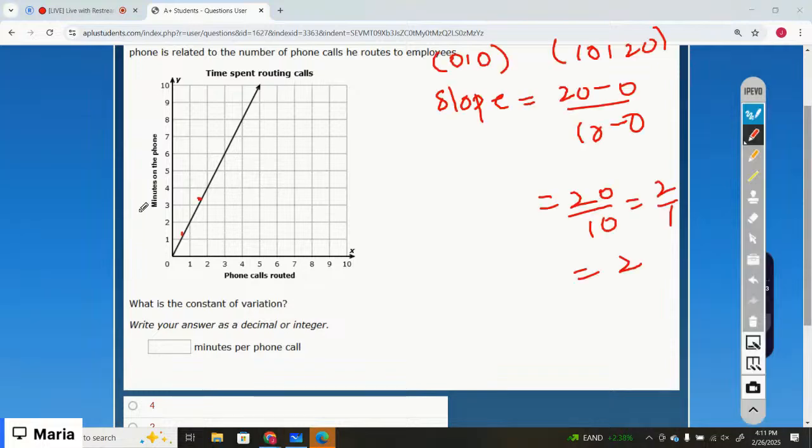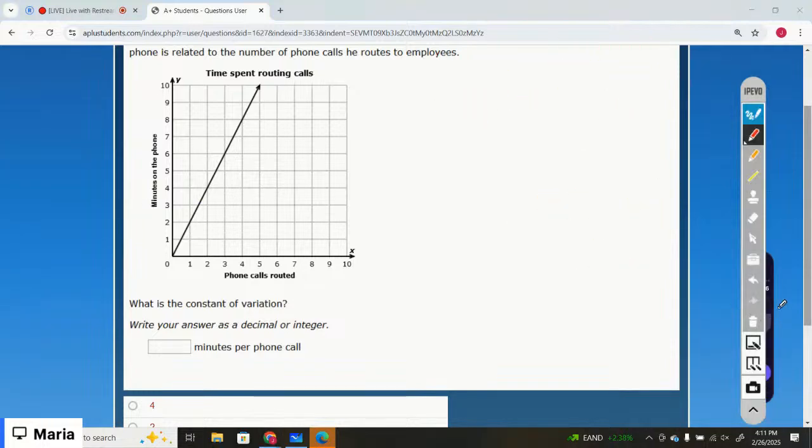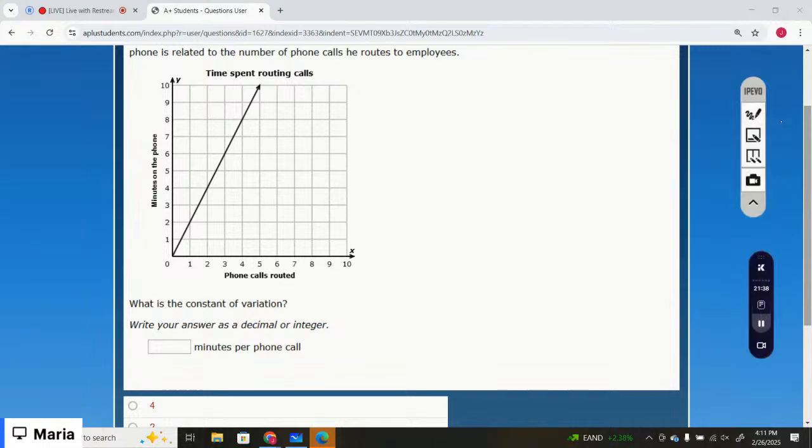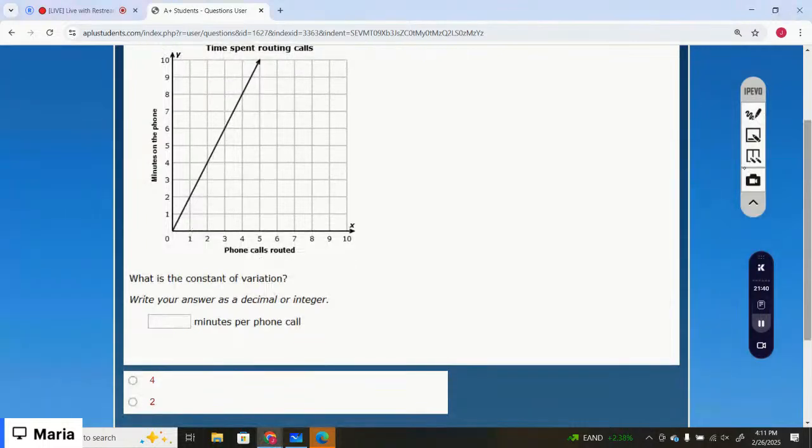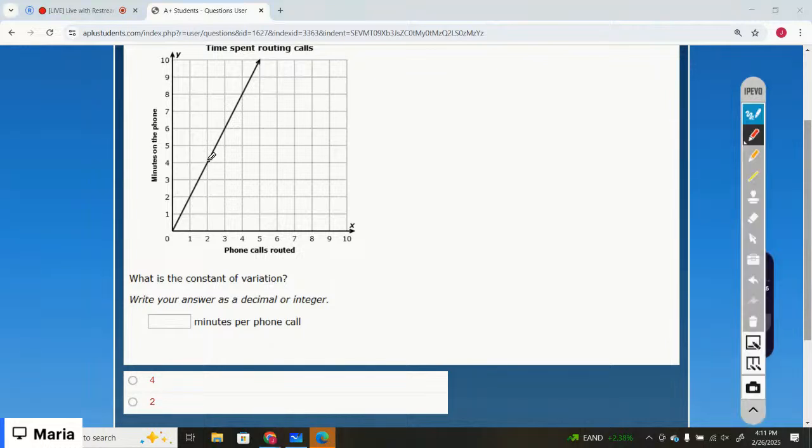So let's just calculate the slope. Let's just calculate the slope an easier way. Just select any 2 points and make a triangle. Change in y is 1, 2, 3, 4, and change in x is 2. So the slope is m equals change in y divided by change in x. So 4 over 2 is 2.